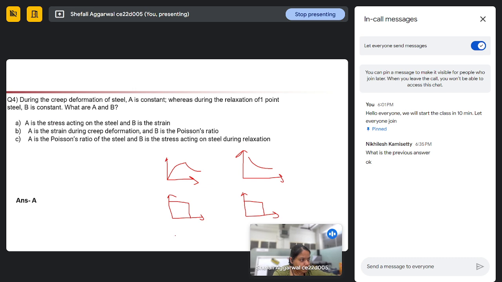So these four curves were there. This was for creep, and these two were relaxation.